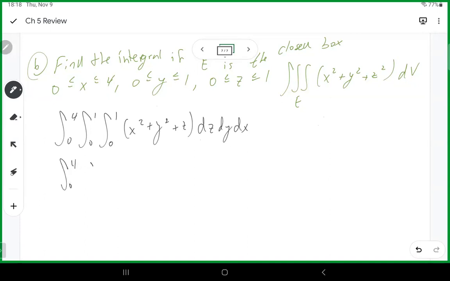So 0 to 4, 0 to 1, x squared z plus y squared z plus 1/3 z cubed, 0 to 1, dy dx. And then we can clean it up a little.